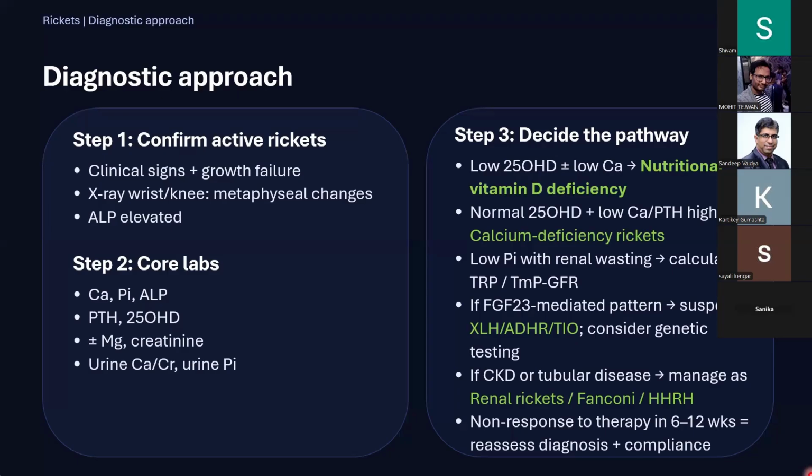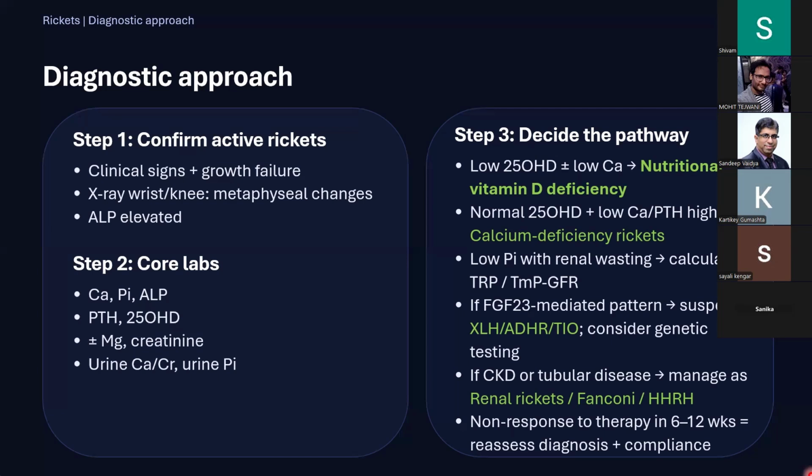If there is a low phosphorus with renal wasting, we need to calculate the tubular reabsorption rate of phosphorus, or the ratio of tubular maximum reabsorption of phosphorus to glomerular filtration rate. These are the markers for low phosphorus if there is renal phosphorus wasting. In an FGF23 mediated pattern, in such patients we suspect X-linked hypophosphatemic rickets or autosomal dominant hypophosphatemic rickets.